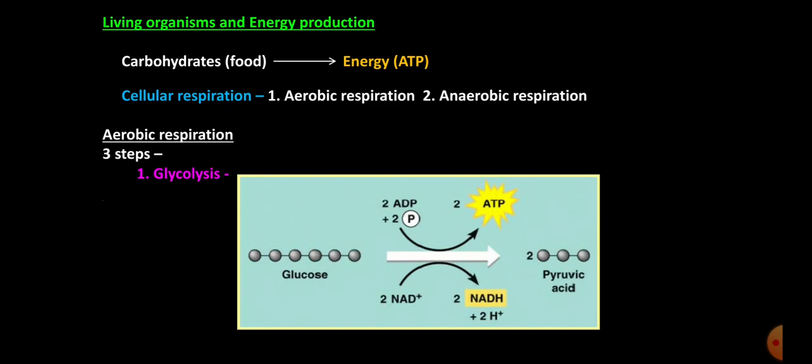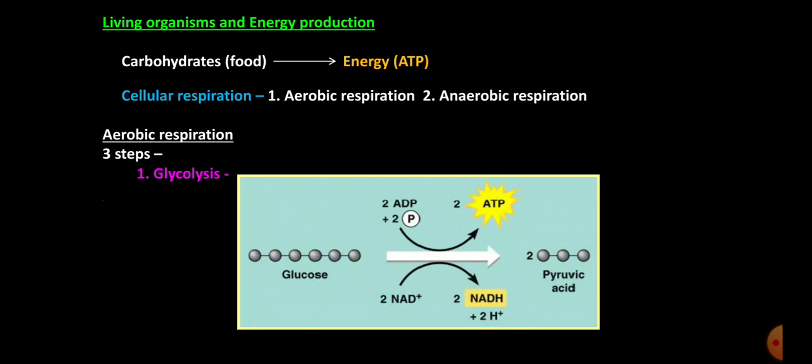And after the arrow, the product, you can see it, 2 pyruvic acid. That means one glucose molecule is broken down into 2 pyruvic acid. Okay, 2 molecules of pyruvic acid, and ATP, water, and NADH2 is also formed.